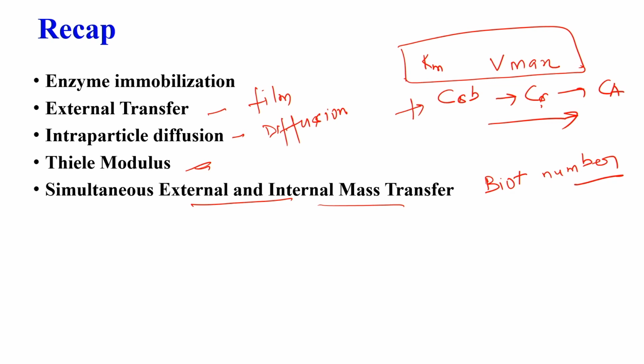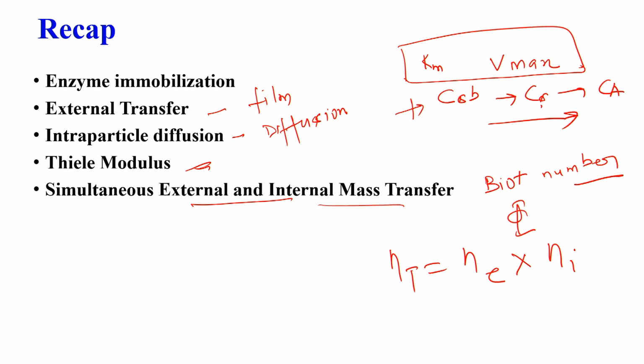Then you calculate the observable Thiele modulus to comment whether internal mass transfer is significant or not. Then we can calculate the effectiveness factor for external mass transfer, the effectiveness factor for internal mass transfer, and the total effectiveness factor is the effectiveness factor for external mass transfer into the effectiveness factor for internal mass transfer.